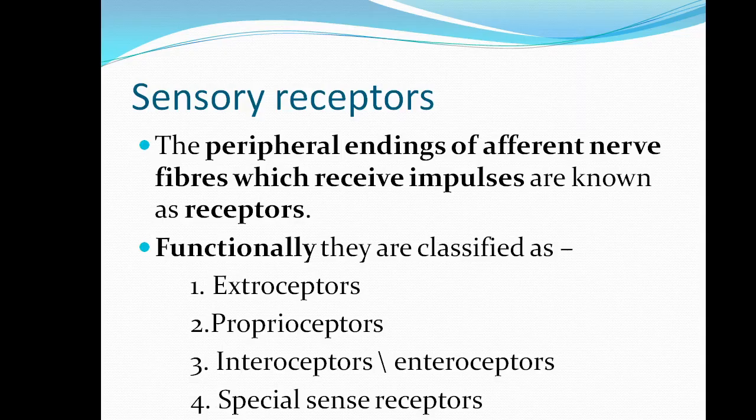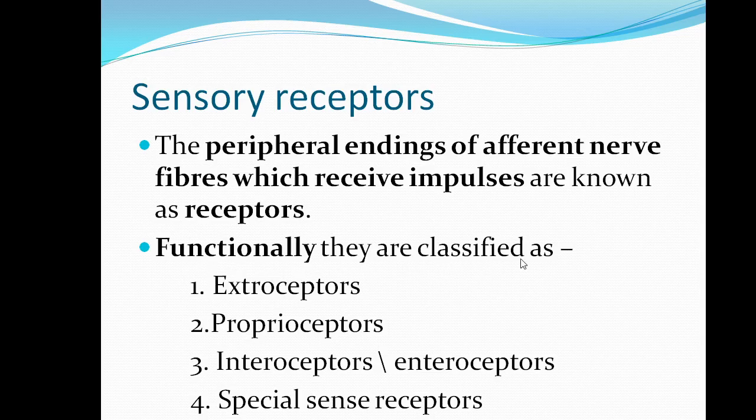Then coming to the sensory tracts. Before discussing the sensory tract, we will give a brief note about the sensory receptors. The sensory receptors are peripheral nerve endings of the afferent nerve fibers which receive impulses and are known as receptors.